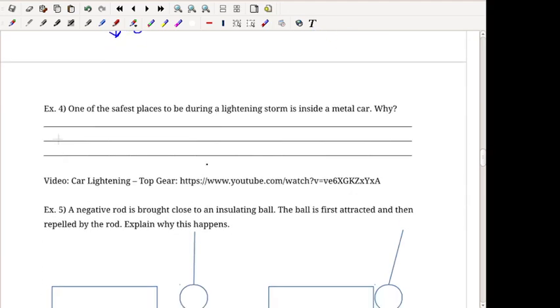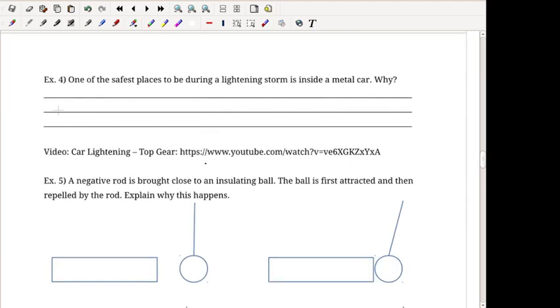One of the safest places to be during a lightning storm is inside a metal car. Why is that? Well, think about what we just found out about like charges. In a lightning storm, what happens is that the lightning transports a whole bunch of electrons onto the car.